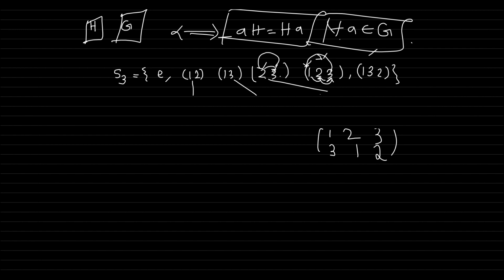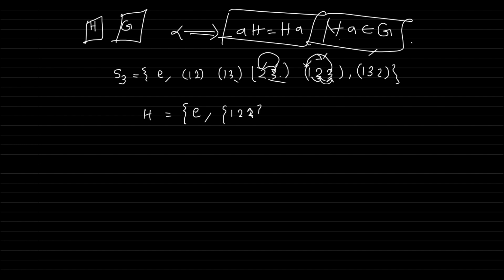Now consider the subgroup H equal to E, which means the identity, the permutation (1 2 3) and (1 3 2). This is actually A3.